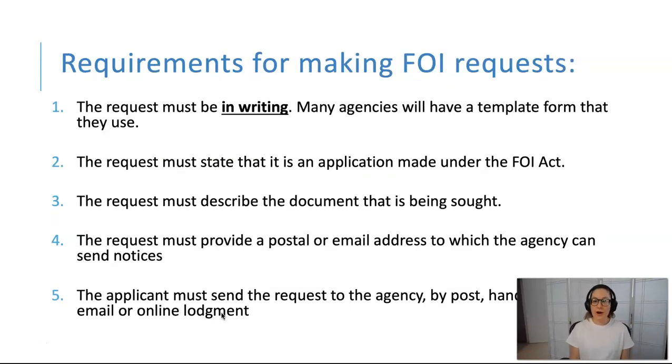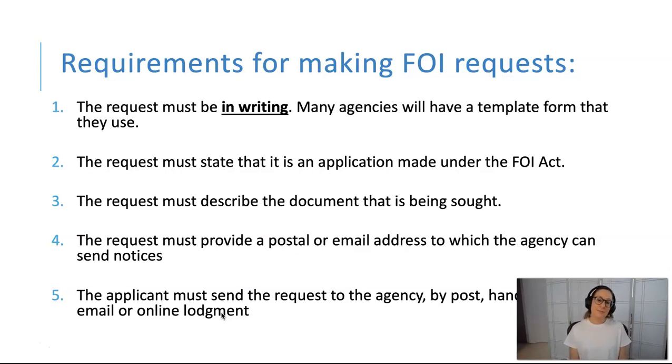All right, the requirements for making FOI requests. So there is a process that a person must follow to make a request under the FOI Act. Firstly, the request must be in writing. Many agencies on their website will have a template or a pro forma that they use to make that simpler. So you simply fill out that online form.